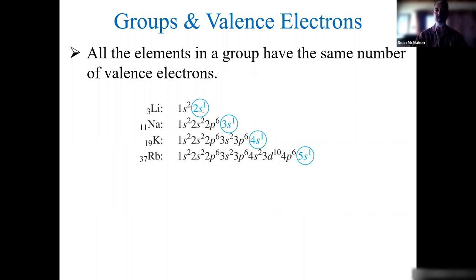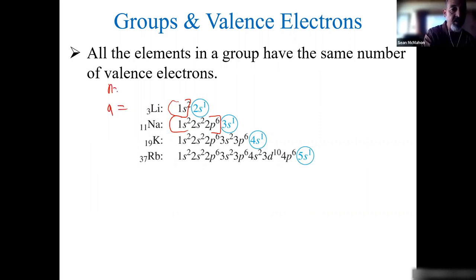So it's a 3s1. But again, the core electrons are not reacting. It's the valence. Lithium and sodium both have one valence electron. That's why they're in group 1A. So does potassium. The only difference is their energy levels.